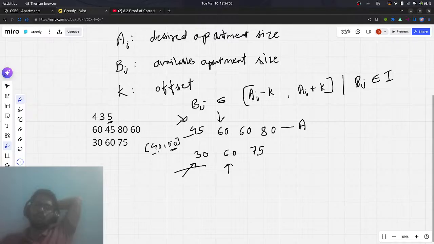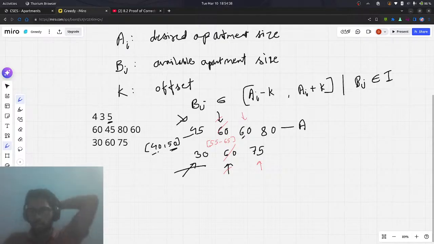We come here, and now I can accept 55 to, let me change the color, 55 to 65, and this comes in the range. So I will assign this to this and move both the pointers forward.